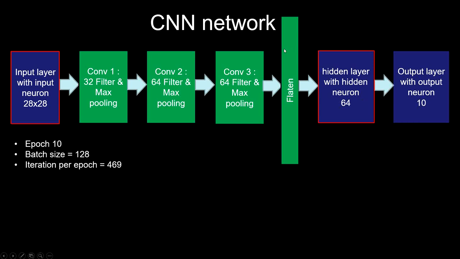Apart from that, we add the convolutional layers. The aim of the convolutional layers is to extract features. We define this as something that can learn local feature extraction.